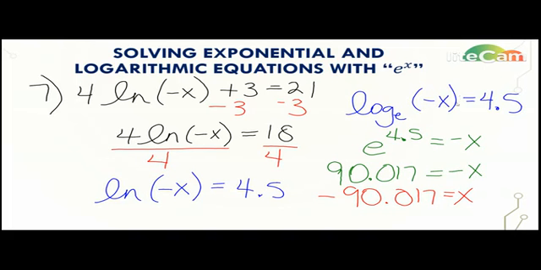As long as this whole thing becomes positive, then the log will work. Because remember, the log base e or a log base of anything is not going to make a negative number. So in this case, the negative 90 is going to make it positive. Okay? Now, let's repeat this.